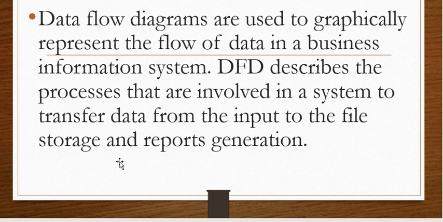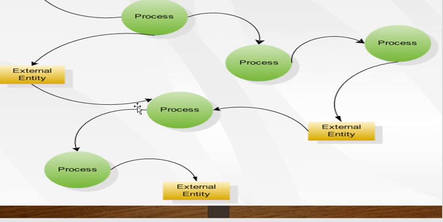In simple words, it depicts the flow between different entities in a system and how data is processed. So this is an example of a data flow diagram.